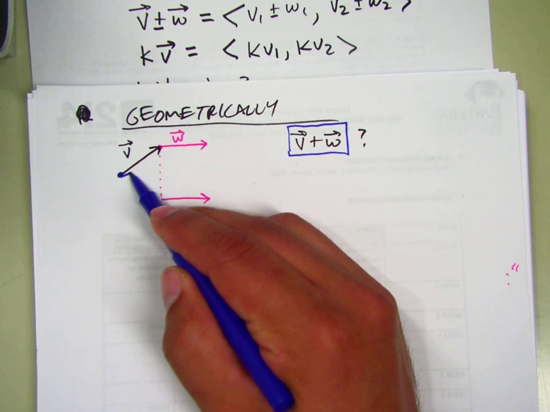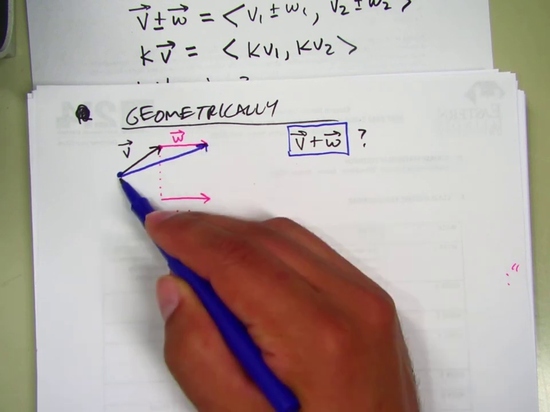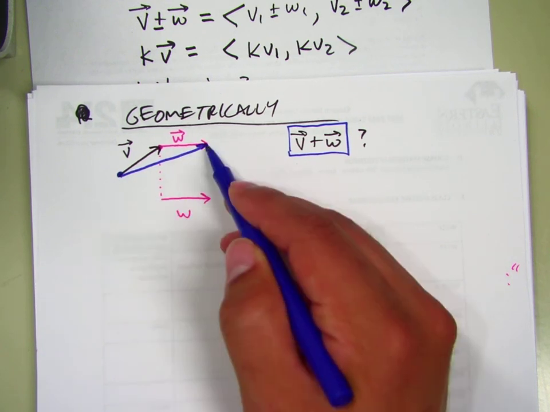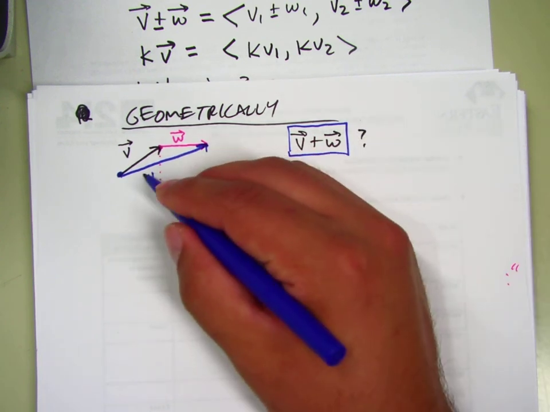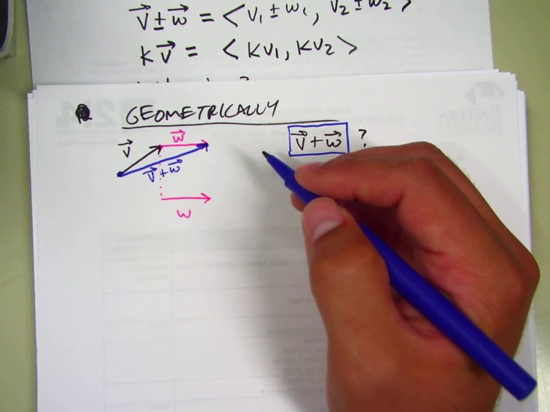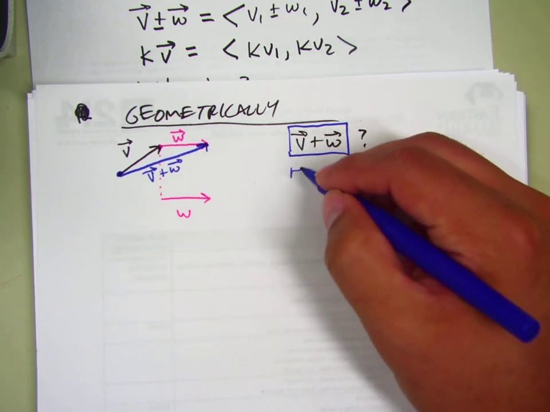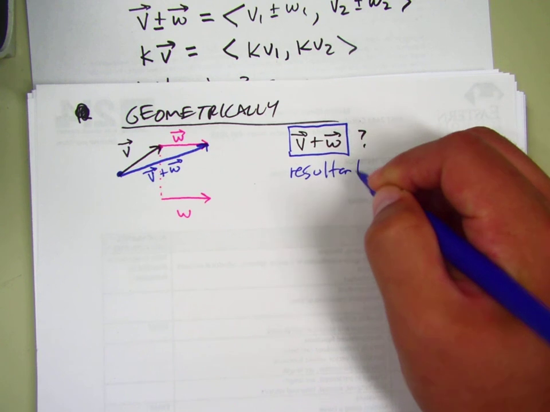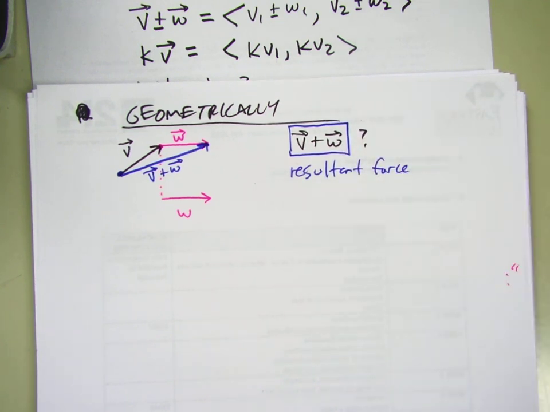So this new vector, starting at the same initial point as V, but ending where our second vector ends, that is what we call V plus W. This is called, by the way, the resultant force. So anytime you're asked to find a resultant force, what they're really asking you to do is just add all your vectors together. Okay?